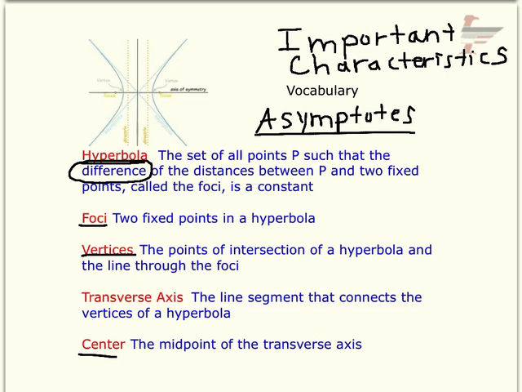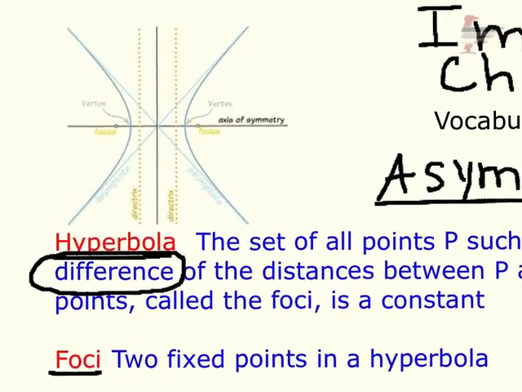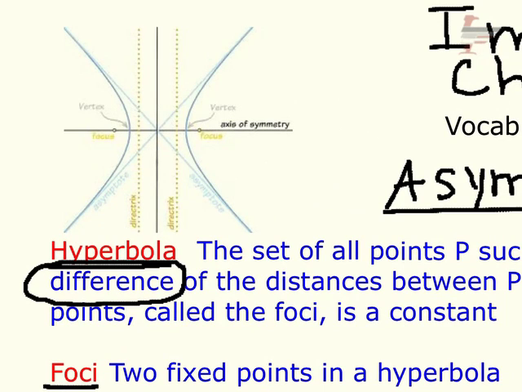So, for example, I'm just going to pick any old random point here on this hyperbola. Actually, let me blow it up for just a second. So looking at this lovely hyperbola, I'm going to pick a point right here. If I calculated the distance to this focus point and the distance to that focus point, that difference is going to be the same as if I pick a different point on the hyperbola. So let's say I pick this point right here.